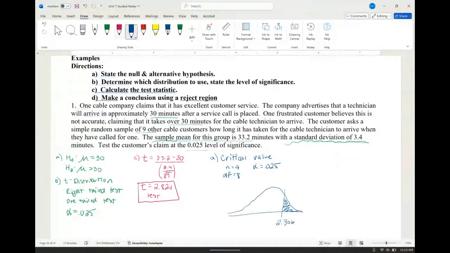Our test statistic, 2.8, lands right here. So we're going to reject the null hypothesis.